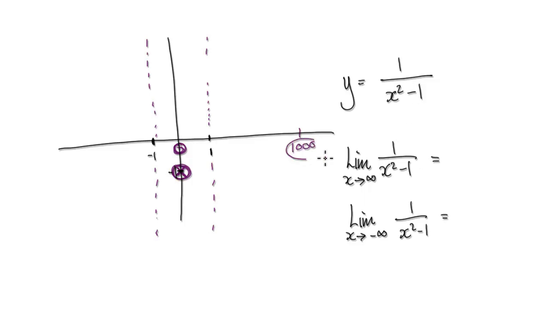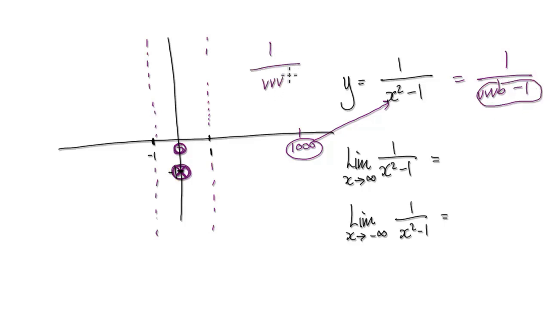Put 1000 into here. 1000 squared is going to be very, very, very big, and then minus 1. A very, very big number, take away 1, is still very, very big. So you've got 1 divided by very, very big. That's going to be very, very small.